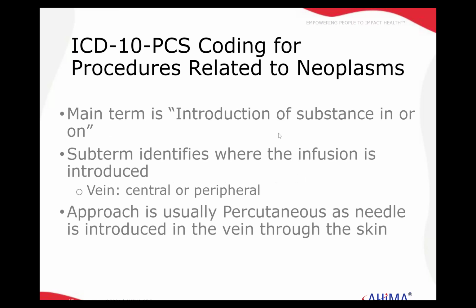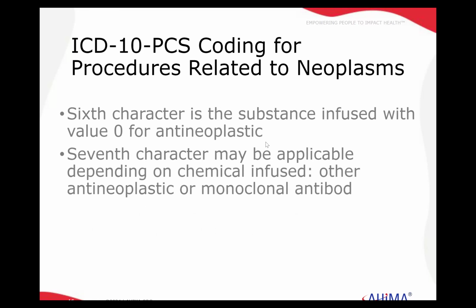The subterm would say where the infusion is being introduced. Typically, this is a vein, either the central, as we've seen in our chapter 4 examples, or the peripheral. And the approach is percutaneous as the needle is introduced into the vein through the skin.